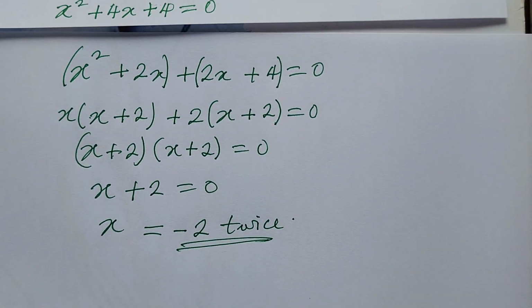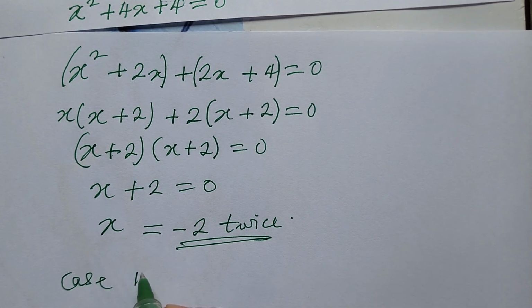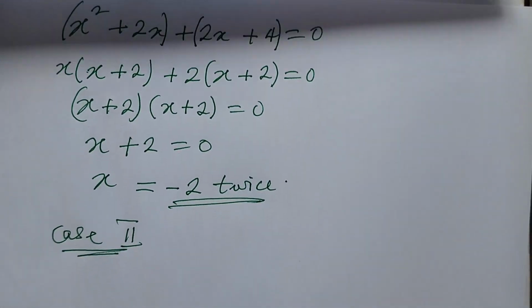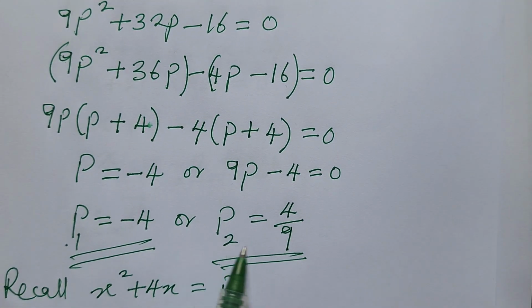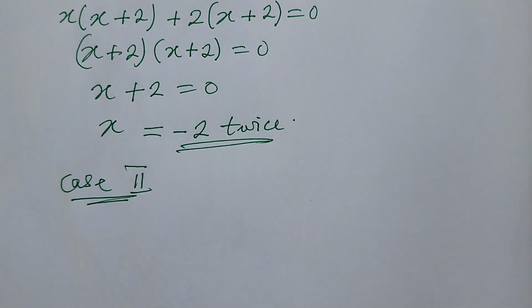Then let's look for our case 2. Where's our case 2? We have our p2 to be 4 all over 9. So let's go ahead and solve for that.